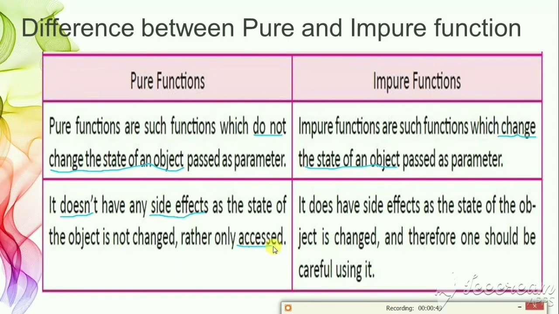So these are called access methods. But impure functions do have side effects.